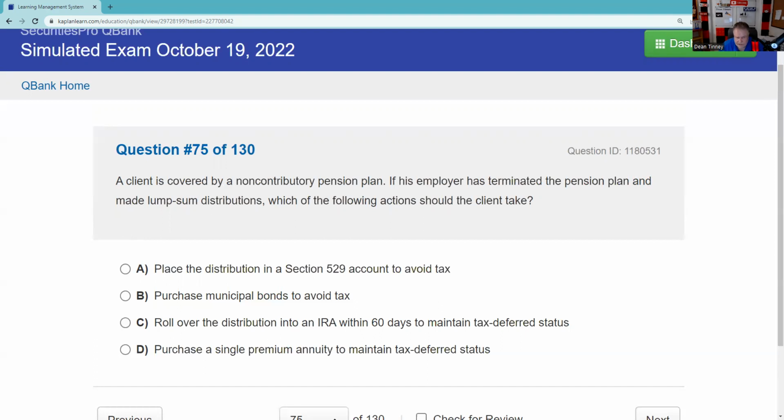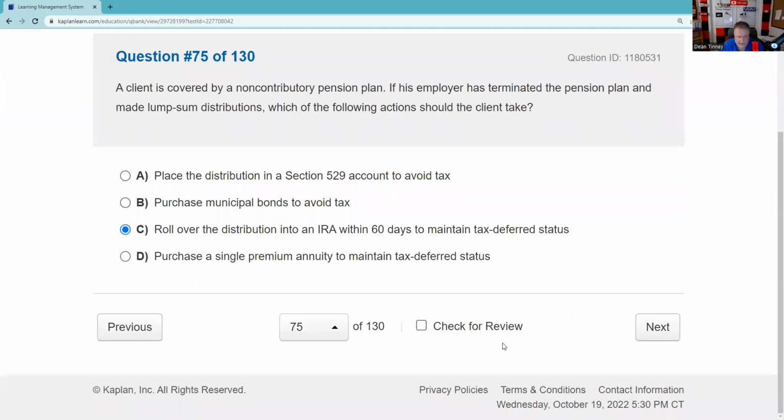Which of the following actions should the customer take? Well, unless you want to pay taxes on the distribution, I would highly recommend you roll it over into an IRA within 60 days. I would know rollovers need to take place within 60 days. That's testable. What else would I know about this? Yeah, I think that's pretty much it.